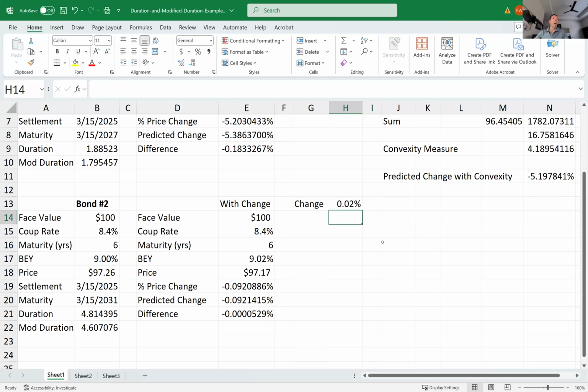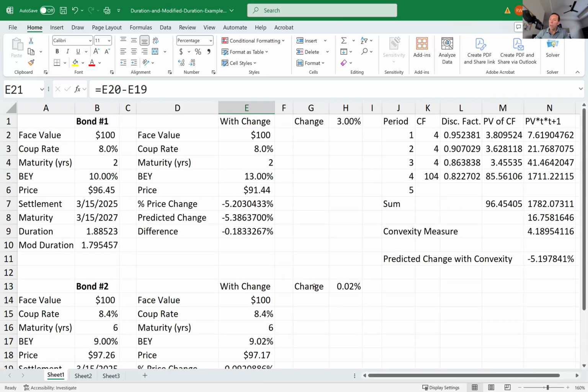The price of the bond went down by 0.092%. The predicted change was 0.092%, 0.0921. So there's just a little bit of difference in terms of what modified duration projected versus what actually happened. And so for small changes, modified duration does a pretty good job with things.